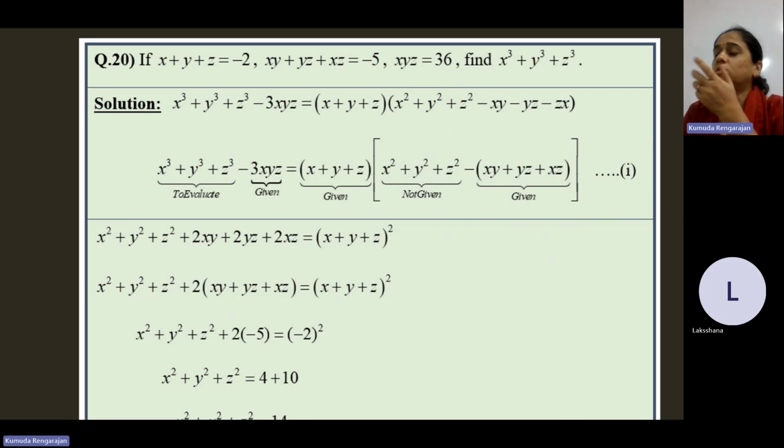So tell me the two identities. Look at me and tell me, Sanjay. Tell me the two identities you have used in this question. Three xyz. Sit properly, Navid.